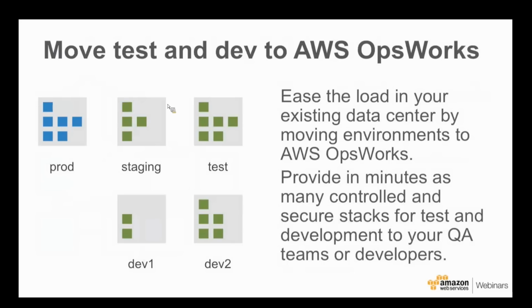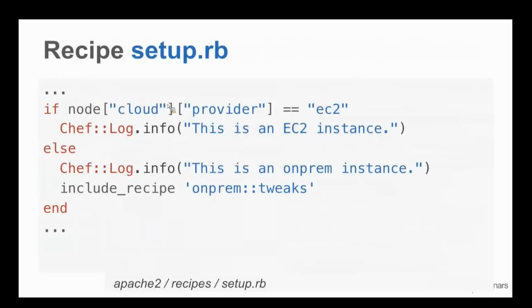So they come to AWS, but then they're looking for a tool again that is able to manage both worlds. So they could use OpsWorks to easily migrate environments like staging and test environments out of their own data center to give them a couple of months more breathing room to, in the end, probably work out a way to migrate to the cloud completely.